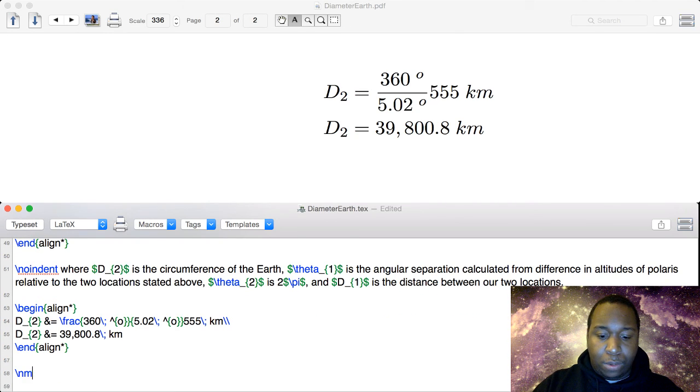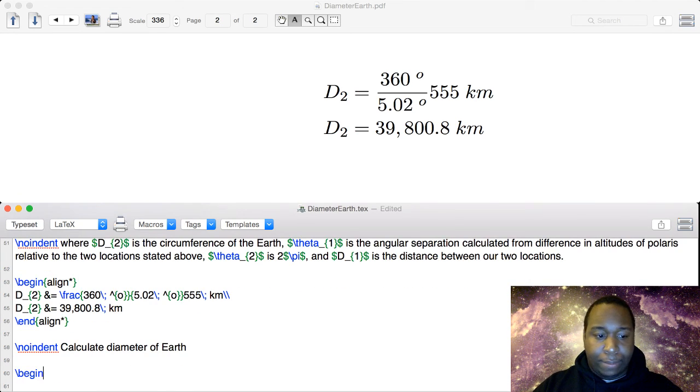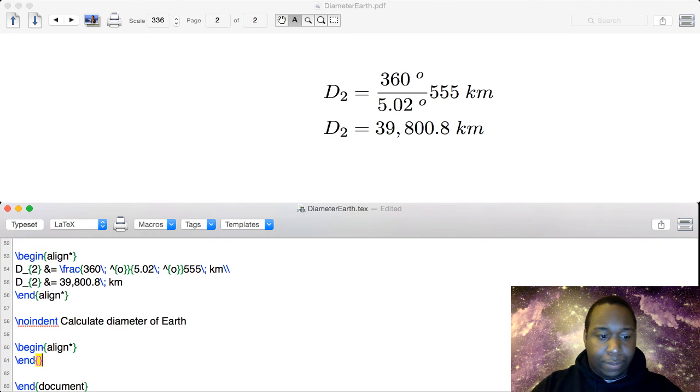So, no indent. Calculate the diameter of Earth. And we should get, trying to type a little bit faster here because I realize now I'm over time by 6 minutes. All right, and so I'm just going to write this out actually. So D, diameter.